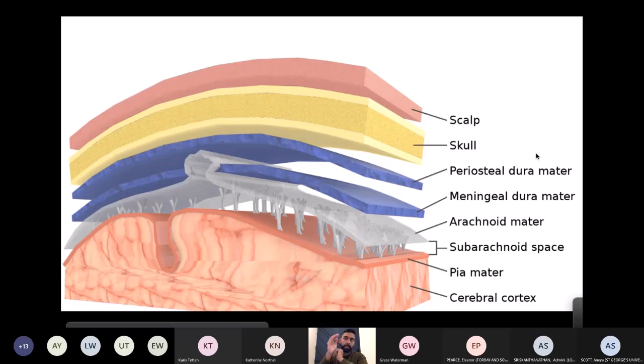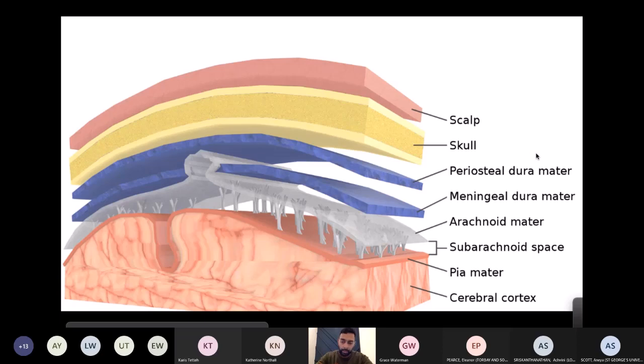The dura mater, I think, has a greater adhesion to the arachnoid mater than it does to the skull. The relevance of that will come later, because when we look at CT head images, whether it's an extradural bleed or subdural bleed, that really helps guide you. Thinking about it like that really helps with interpreting CT images.